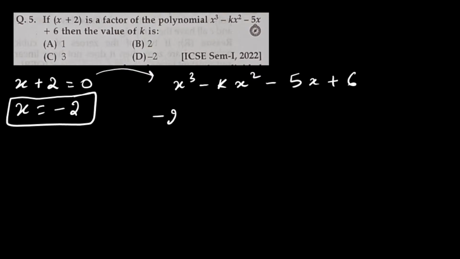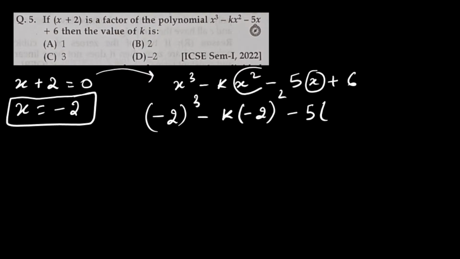So here it will become minus 2 cube minus k into minus 2 square minus 5 into, wherever x is there we have to substitute its value as minus 2, plus 6 equals to 0, and this 0 is actually the remainder. When both the polynomials divide, we will be getting 0 remainder, because this one is a factor of this. So let's simplify this.